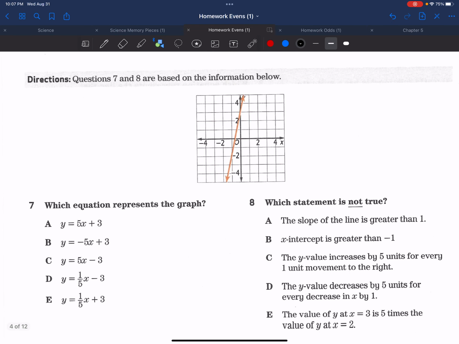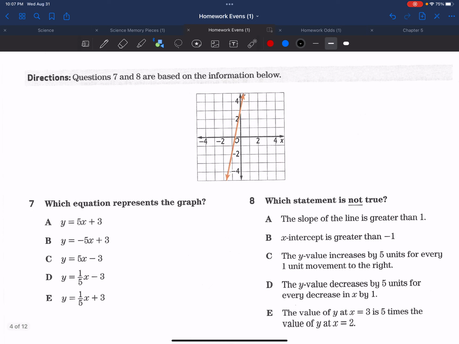Questions 7 and 8 are based on the information below. Which equation represents the graph? And all of these equations are in slope-intercept form. So this is what I want.